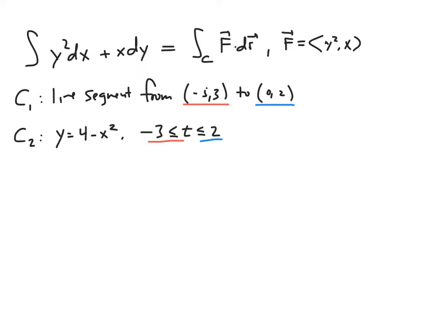We justified this at the end of the videos on line integrals, that the line integral of F dr can be written in this form, the line integral of P dx plus Q dy. So in this case, we do have a line integral over a vector field.